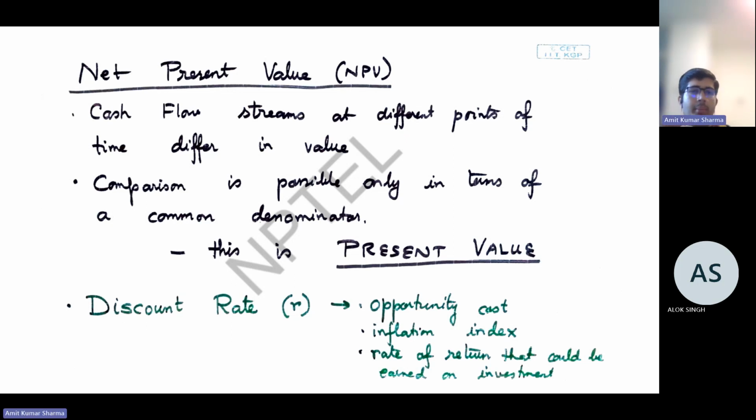We have already discussed that if you have some money today, you can invest it in banks or FDs or the share market, so you can get more return. So we should do the NPV. There should be a discount rate, which can also be called the inflation index, rate of return, or opportunity cost. These are some other names for the discount rate.